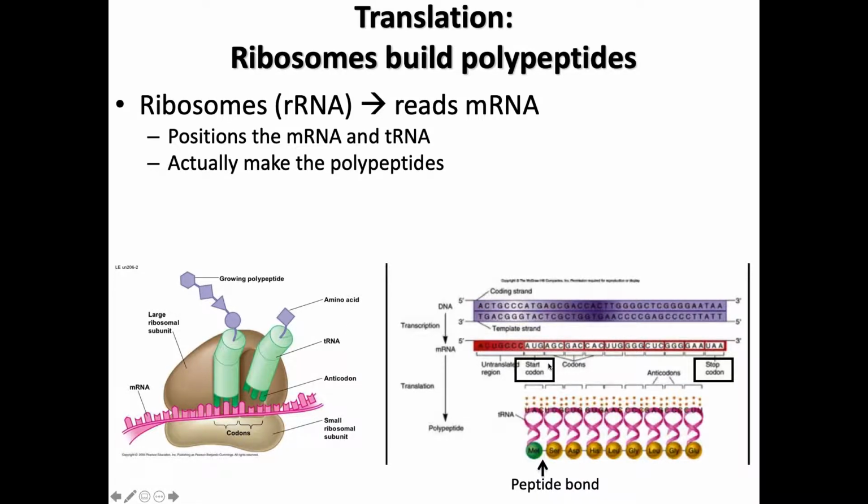Our ribosome will know where the gene starts, where to start translation, by reading the start codon. Then it'll read along the mRNA, and it'll reach the stop codon, and that's when the ribosome knows to stop translation. Remember, we have 3 stop codons that do not code for any amino acids.